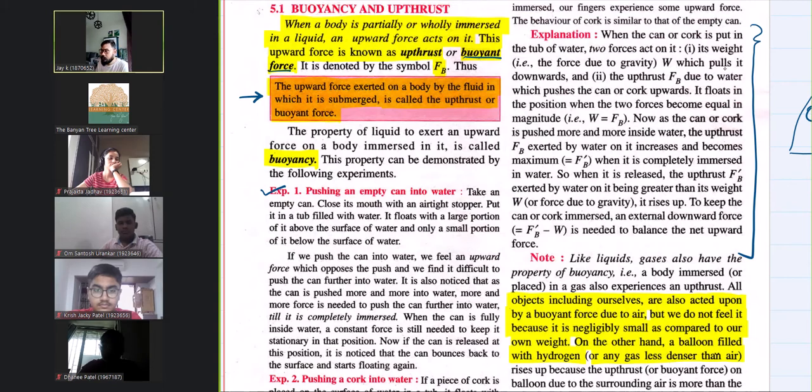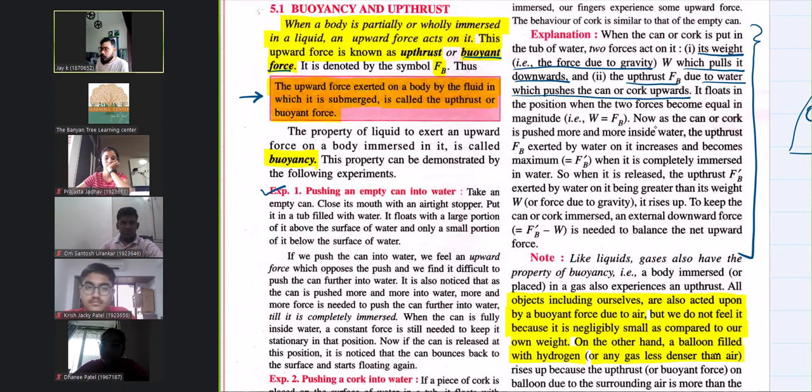Any body which is submerged in a fluid is acted upon by two forces. One is the force due to gravity, which is its own weight, which pulls the object downwards, and the other is upthrust due to water, which pushes the body upward.